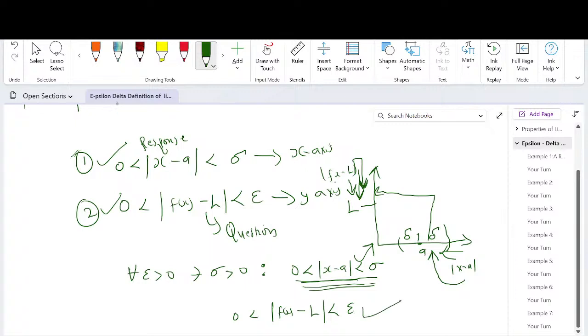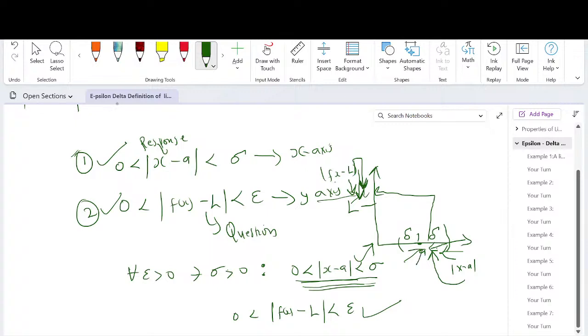It will give you the closeness to the limit, the value of the limit. So please take note of this. The closeness here will tell you the closeness here. So don't forget: tell me how close you want to be here, then I will tell you the closeness you must be here.